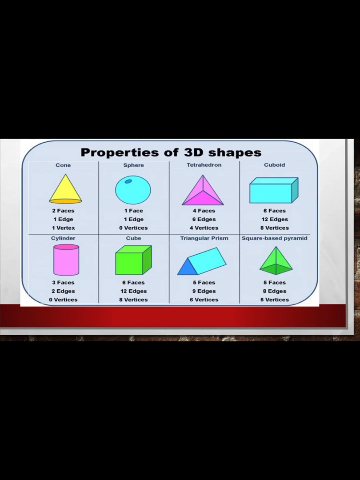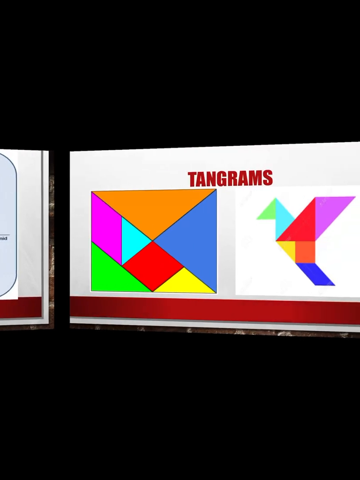In a triangular prism, 5 faces, 9 edges and 6 vertices. Square-based pyramid, 5 faces, 8 edges and 5 vertices. Sorry children, it is 5 faces, 8 edges and 5 vertices for the square-based pyramid.